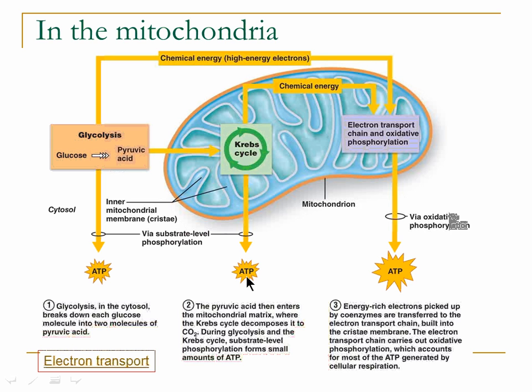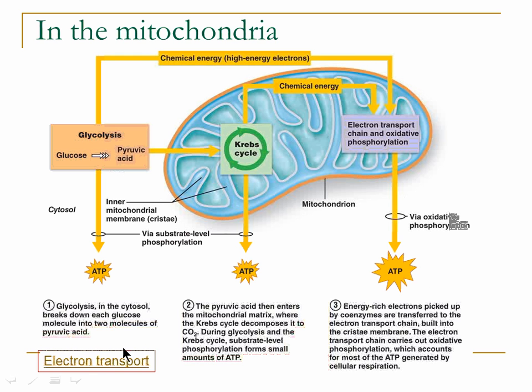From here, it goes into the mitochondria, where you have proteins present inside this folded membrane. Those proteins catch electrons and transfer them, finally ending up transferring them to oxygen, and they produce a lot of ATP, as you can see here. A lot of ATP is produced through this electron transport chain, okay?